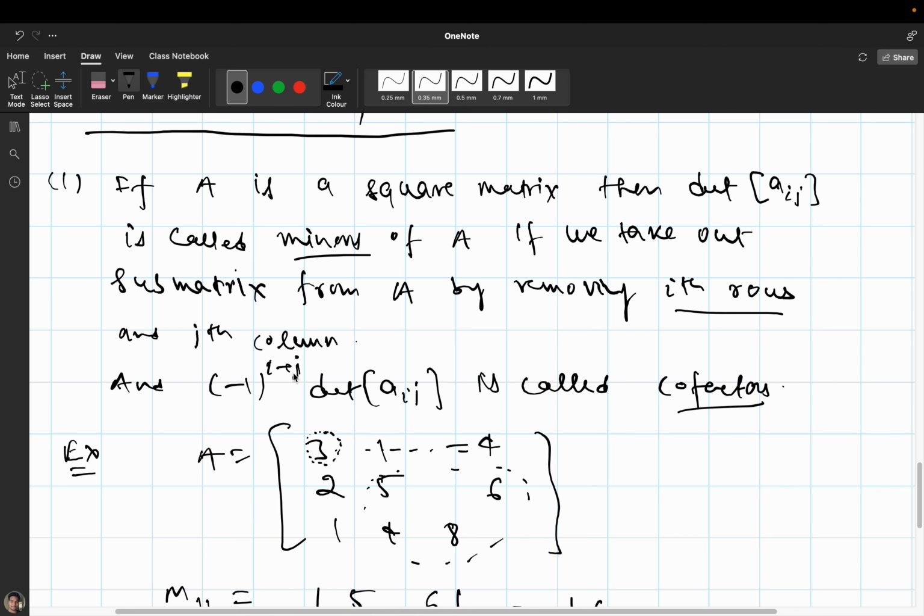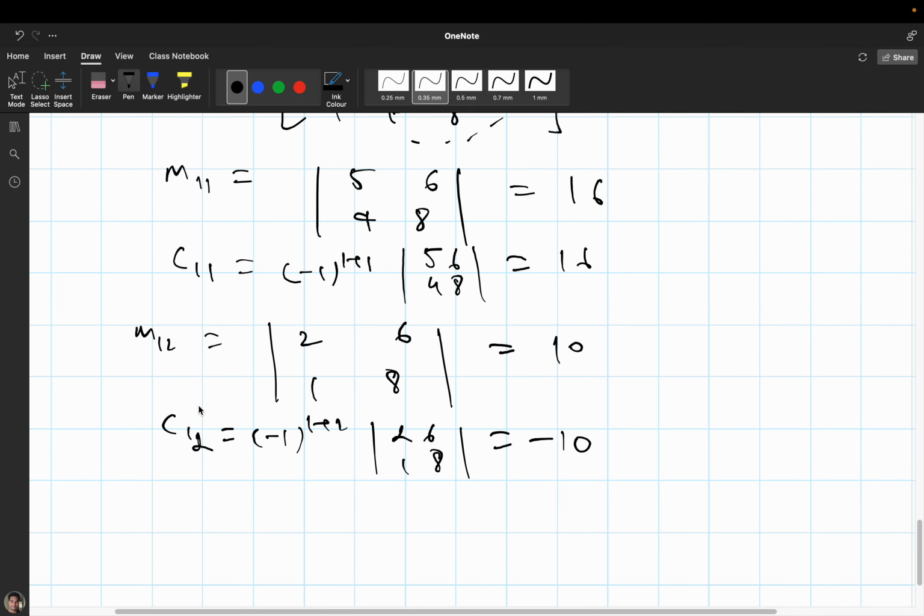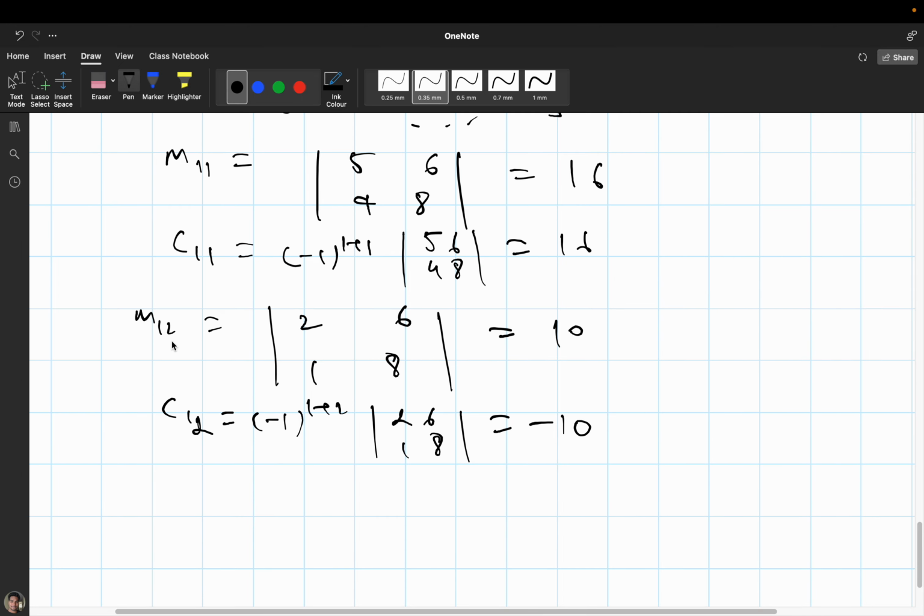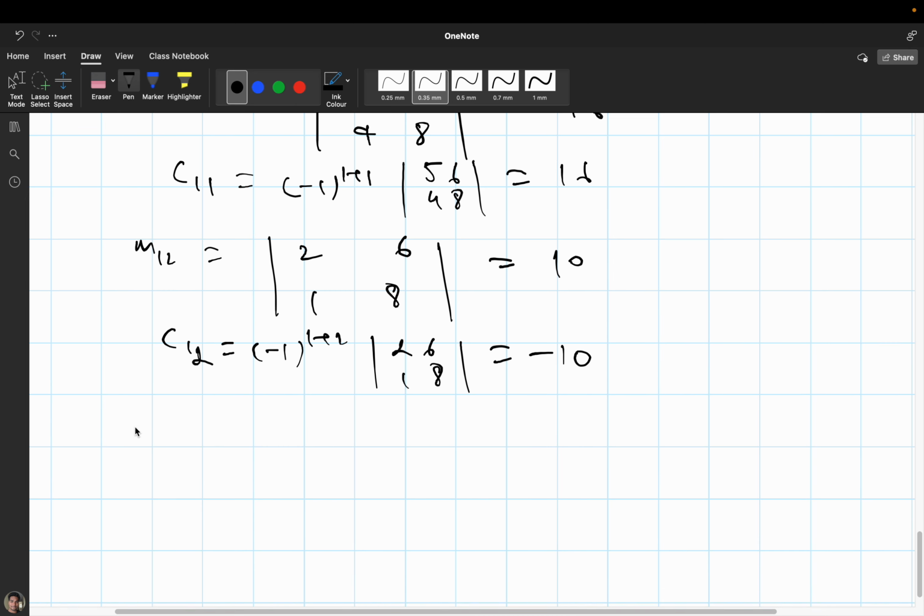Whatever indices you are taking, you just sum those indices. Here I am taking the index 1 2, which means 1 plus 2, and that is an odd power, and minus 1 raised to an odd power is minus 1. That's why minus 1 comes into the picture. Is it fine?